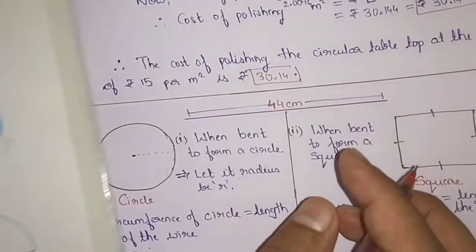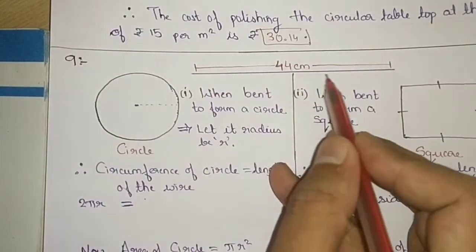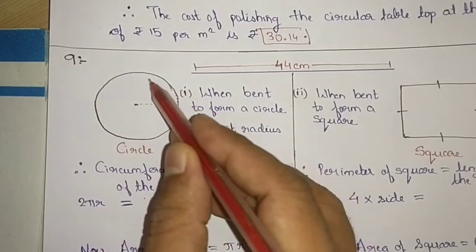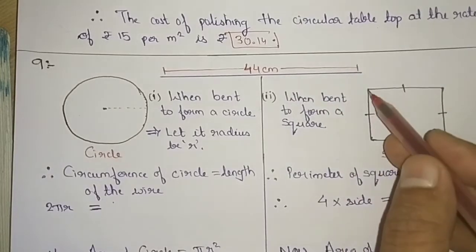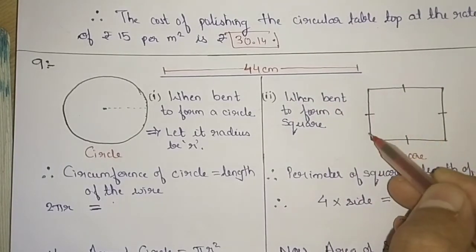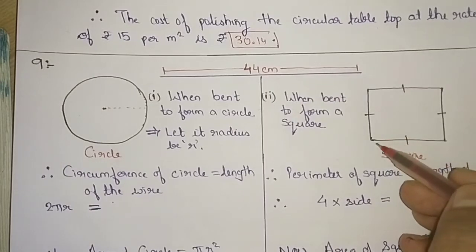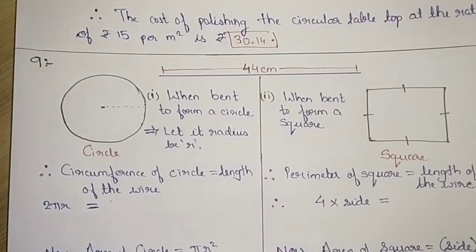Now again a new question, new situation. Now the same wire which we first bent into the form of a circle, if we again open it and bend it in the shape of a square, what will be the side of that square? That we are supposed to find.